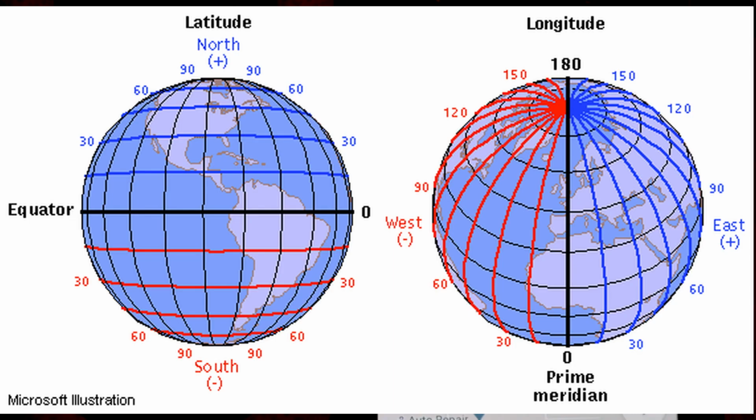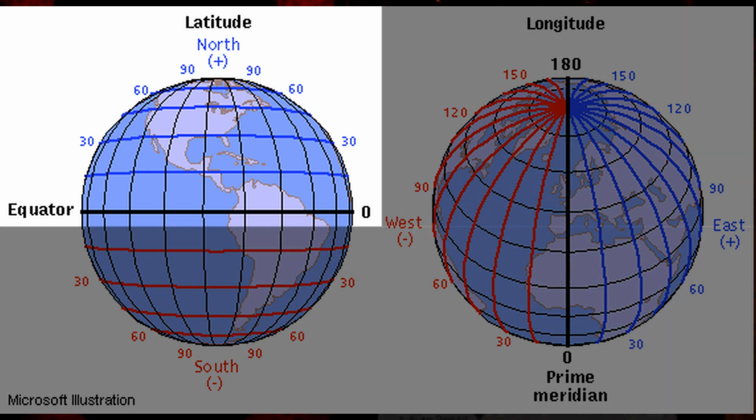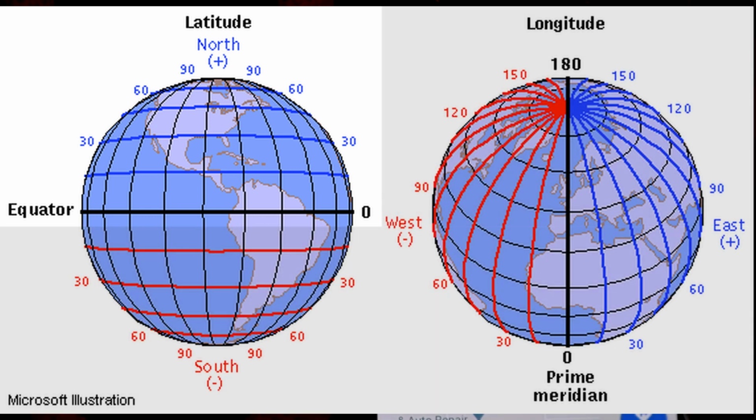So when you're in the continental United States, your latitude value is going to be a north latitude because it's above the equator, or a positive value. So anything above the equator is a positive latitude, anything below the equator is a negative latitude.